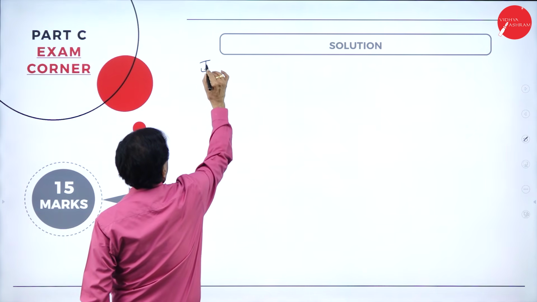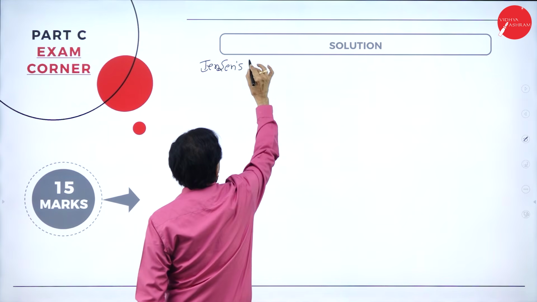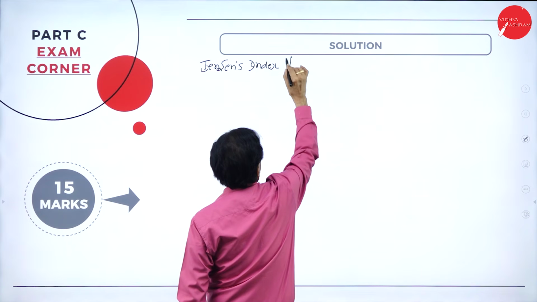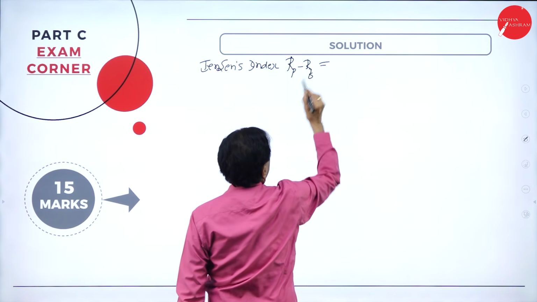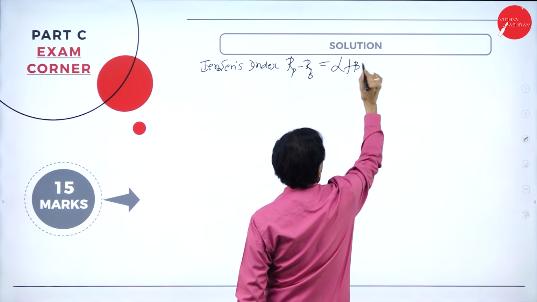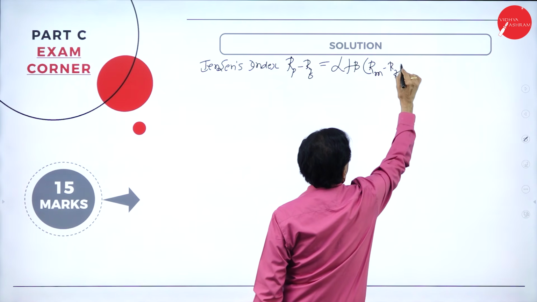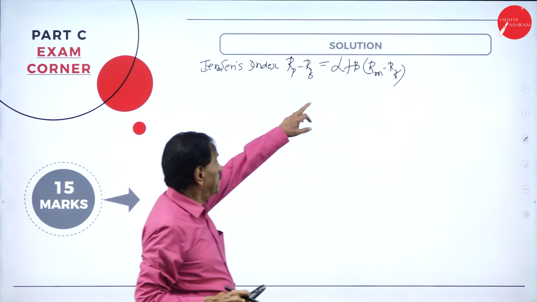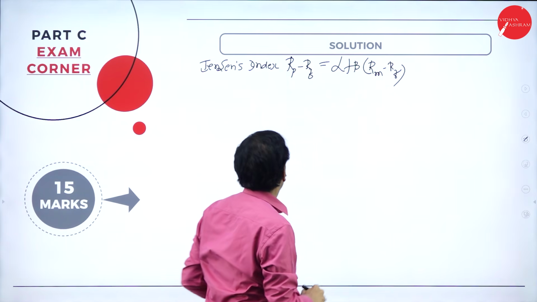Jensen index: RP minus RF is equal to alpha plus beta into RM minus RF. What's the formula? Return on portfolio, risk-free return, alpha is unknown, beta, RM minus RF. Apply.